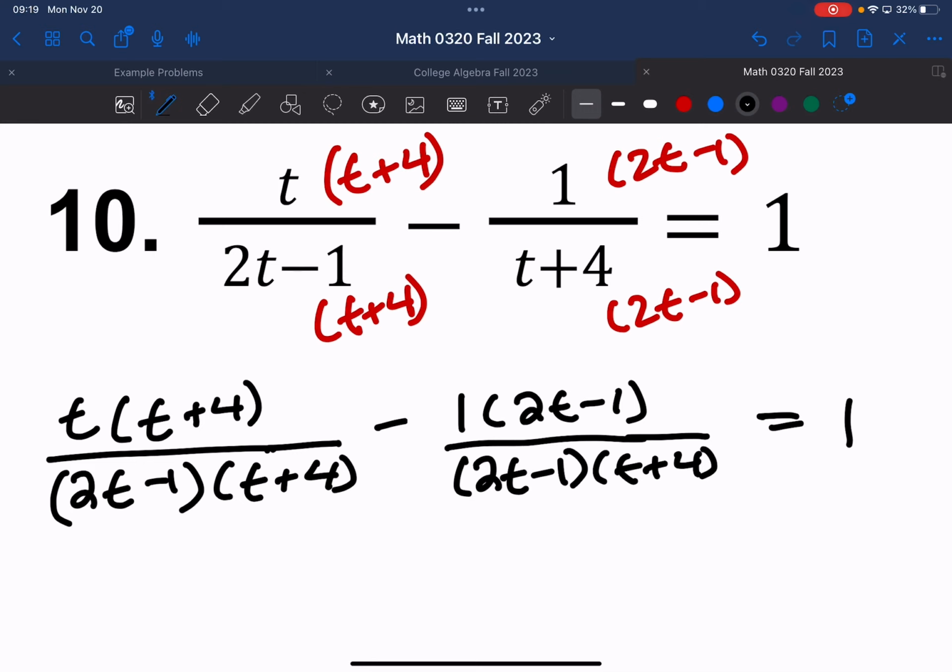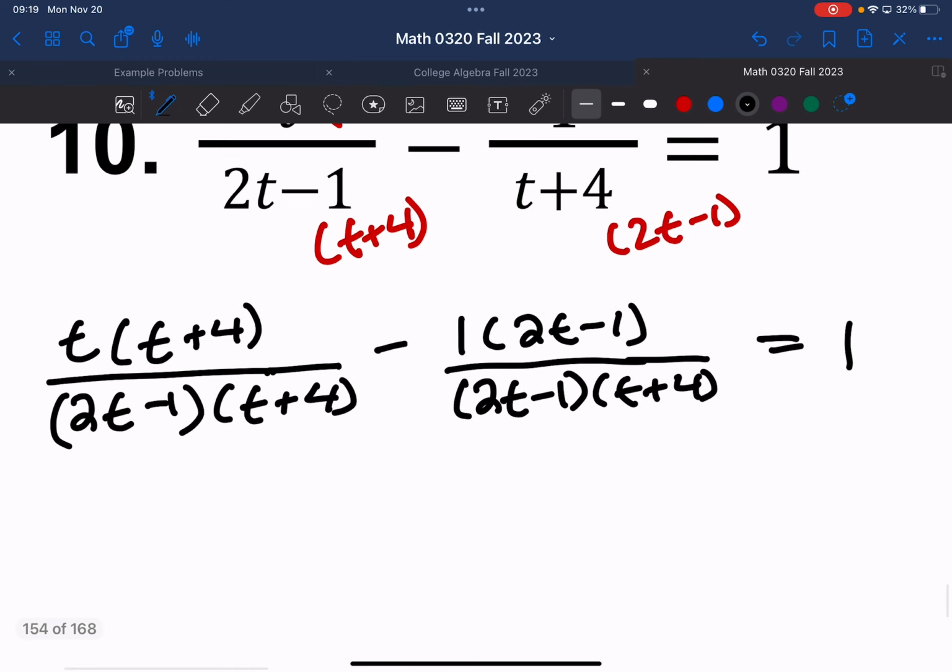Okay. Now that we have a common denominator, what are we doing to the numerators? Okay, we're going to combine them.